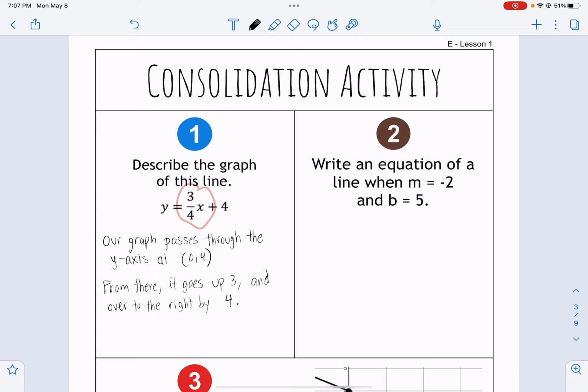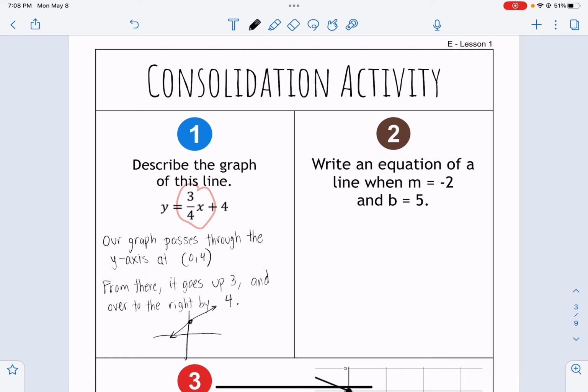It'll continue that pattern forever. It'll look slightly like this. Not a very steep graph, but something like that.